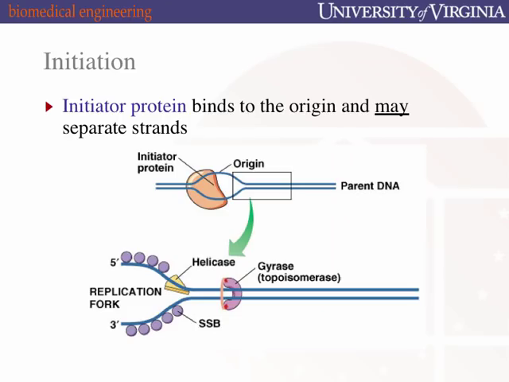Okay, step by step through each one of these. There's an origin. We're going to initiate DNA replication. What do we need? We need an initiator protein. Easy, right? Initiator proteins bind to origins of replication. And they may be able to initiate the strand separation that I said is the beginning point.